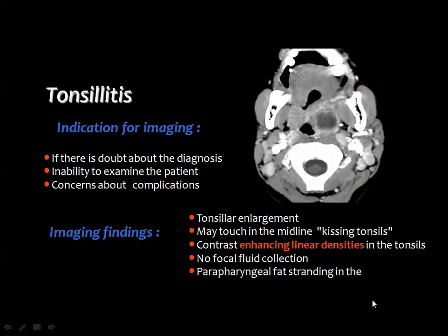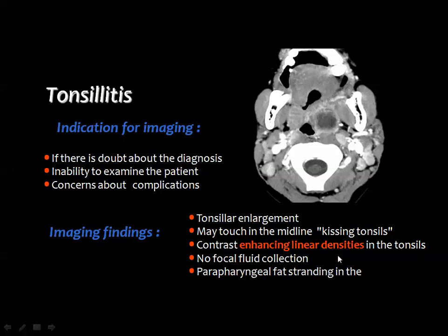Usually in cases of tonsillitis, you do not need the help of imaging, but imaging is needed if there is a doubt about the diagnosis and you feel that this is not tonsillitis but another inflammatory lesion, if there is inability to examine the patient, or whenever you are afraid about the presence of complications.